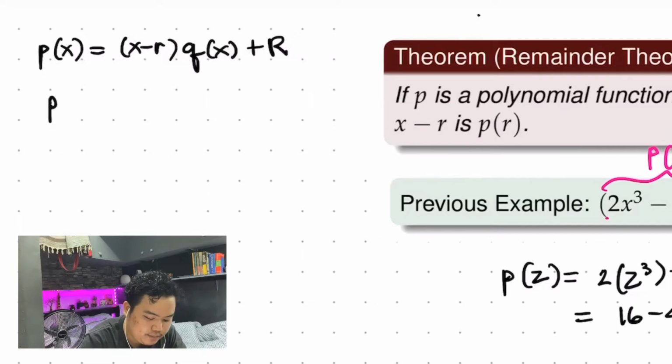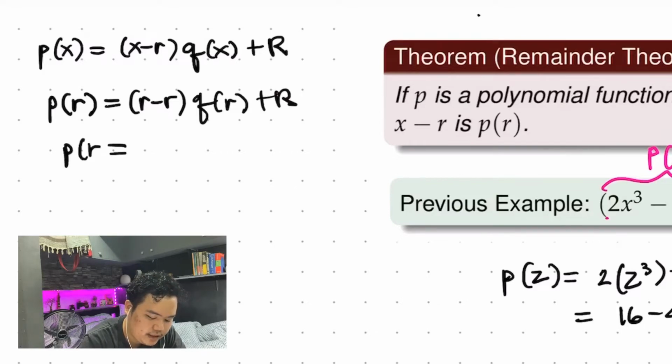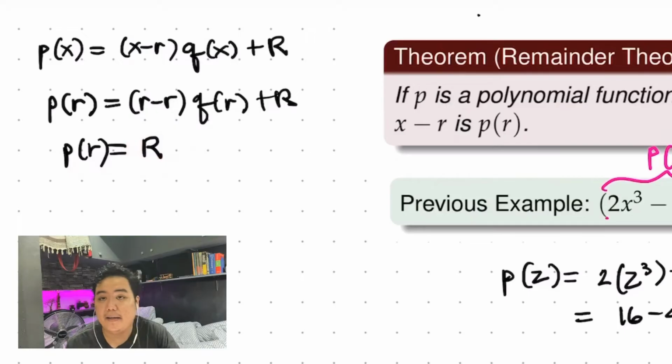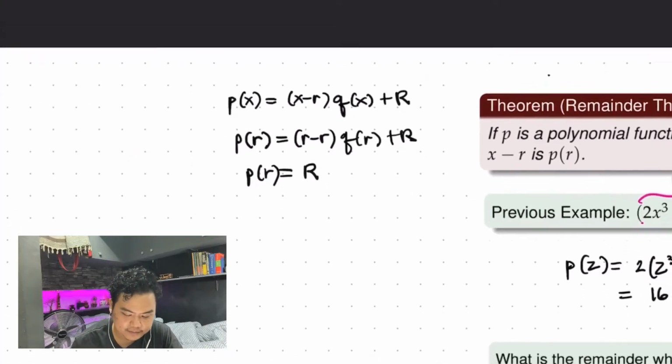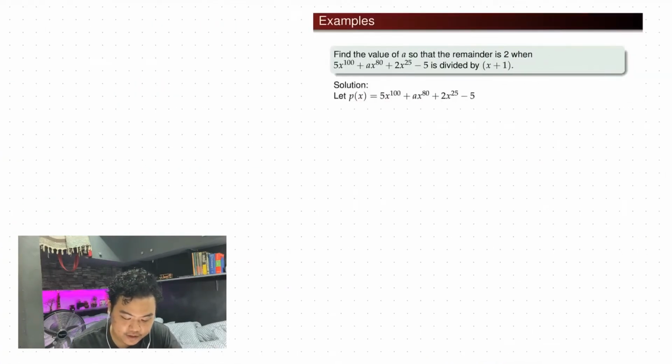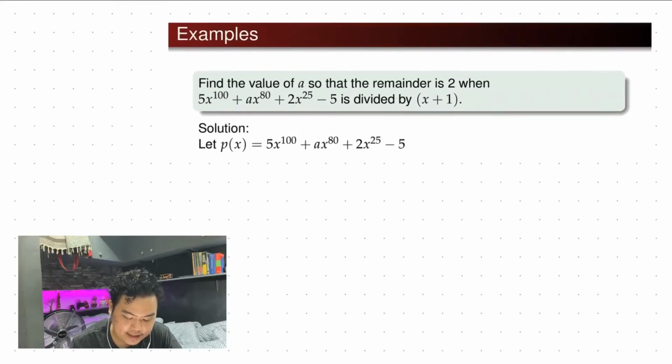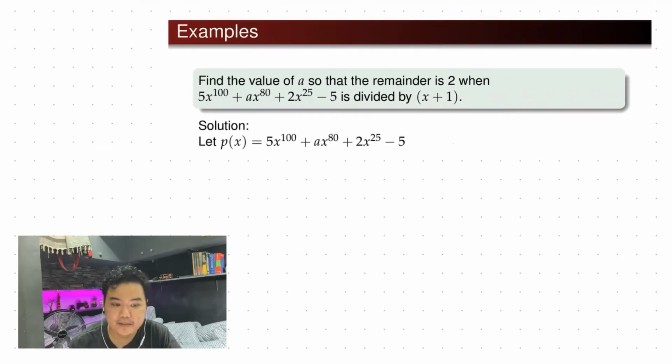And what happens if you plug in r? You get r minus r, q of r plus R, or p of r is equal to capital R. So, yung remainder mo nga ay p of r. So, yun yung derivation.